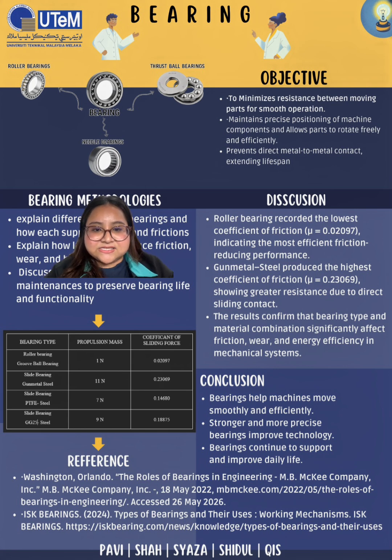Third is the needle bearing. They are thin roller bearings used in tight spaces with a high load. And the last one is the thrust bearing. They support axial load and can also handle heavier loads.